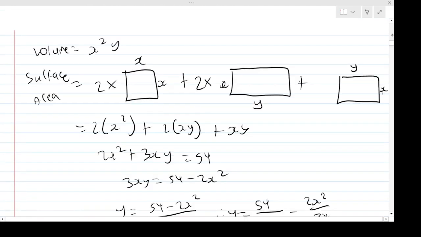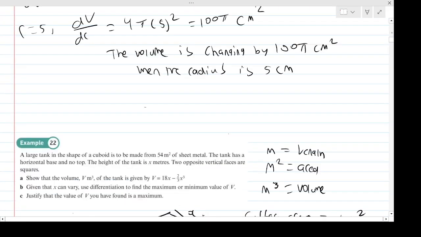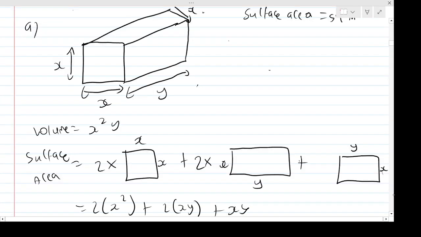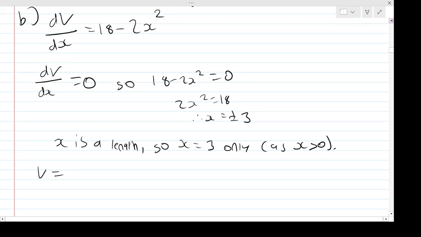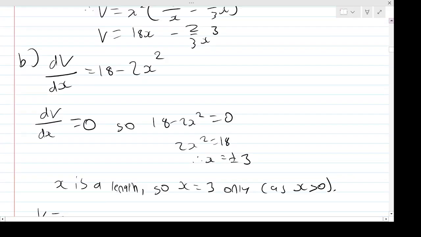So then to find the maximum or the minimum value of my volume, remember that it wants the maximum or minimum value of the volume. Well, we need to substitute x back into my volume, right? So remember volume v, from part A, was 18x minus 2/3 x cubed.